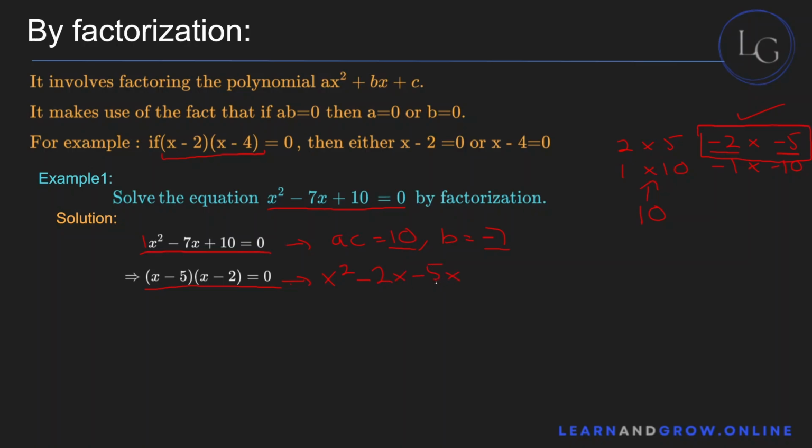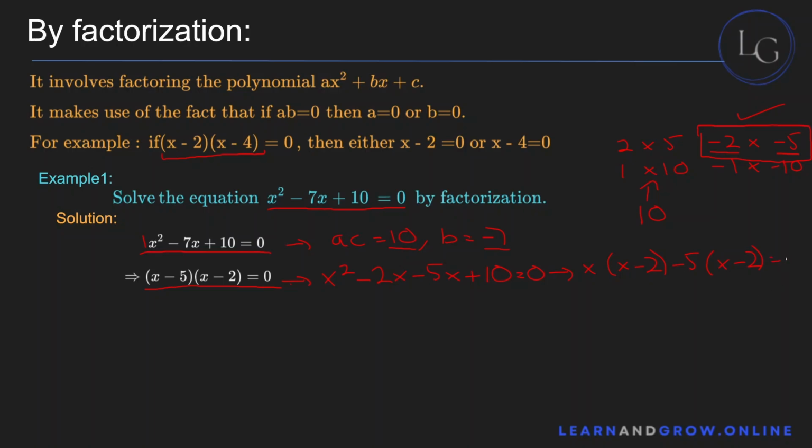As you know, -2x - 5x just becomes -7x. But we'll use this combination over here. And then you'll put the c as it is. And now, when you factorize this, basically this becomes x(x - 2) and -5(x - 2).